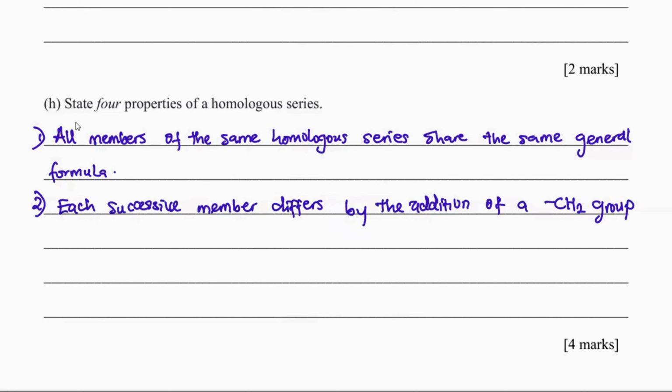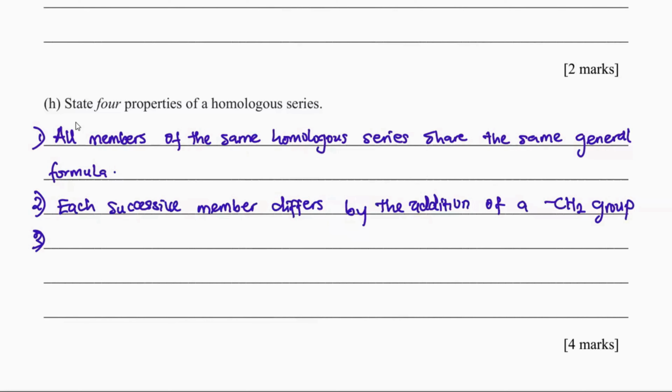Okay, so the difference between methane and ethane is a CH2 group. Difference between propane and butane is a CH2 group. Okay, so when we're talking about successive members, we're not talking about the difference between methane and butane, for example. They are not following each other, so they are not successive.